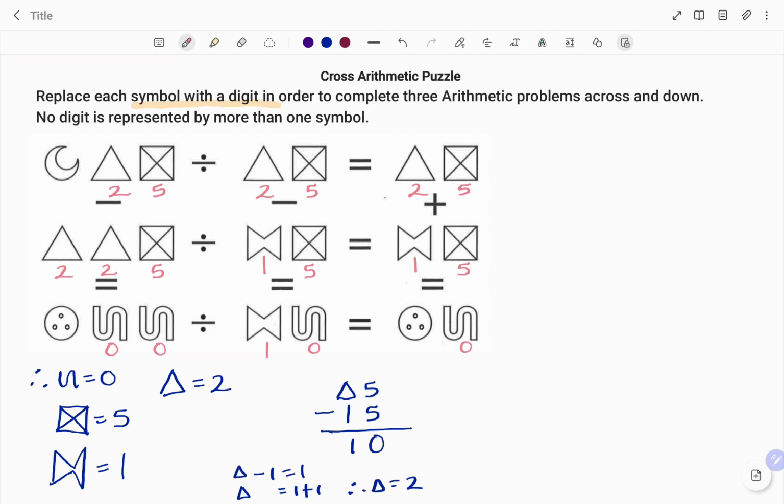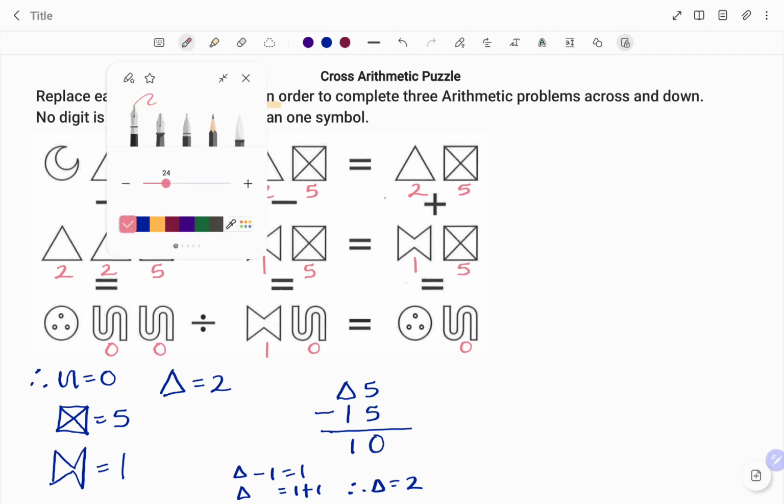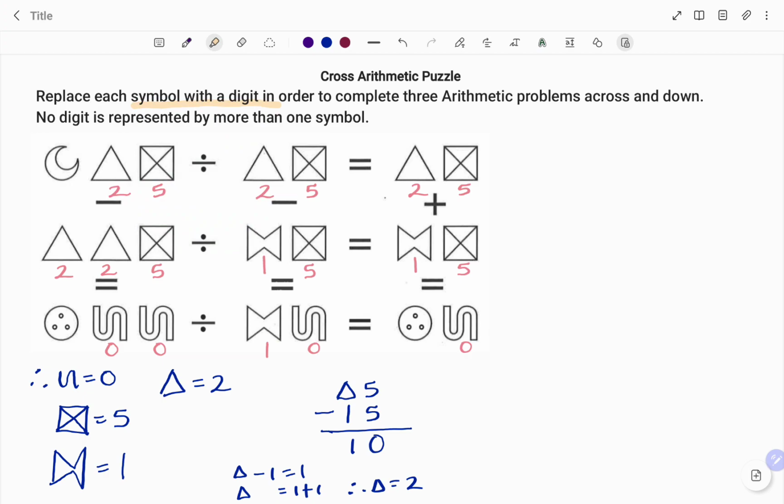Now, to find the value of my button, I'm going to use the last equation. Writing that out, I have 25 plus, that's the function, 15, that's the hourglass and the box, will give me, I don't know what the button is, so I'm going to put my button.